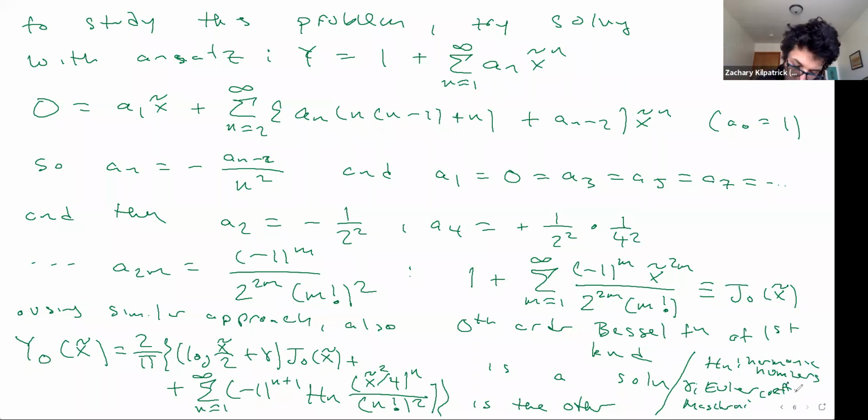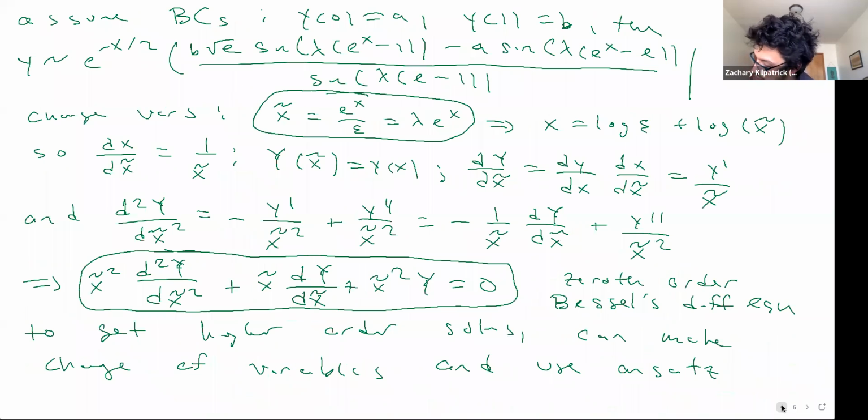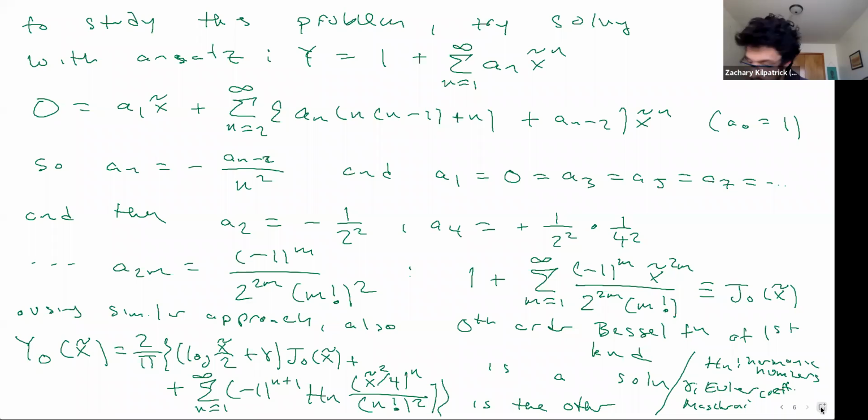So the point is, we can get a second solution to this Bessel's differential equation. And that was motivated originally by this change of variables that we followed after we got a WKB approximation to the problem.